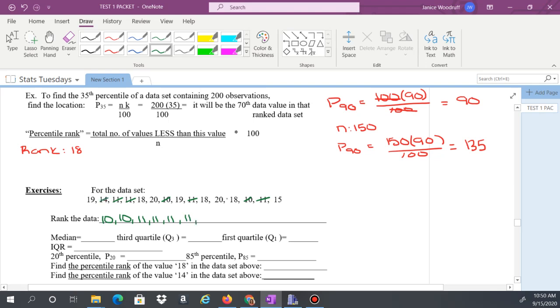Then we have 14, 15. Then 18's next, so you've got 3 18s. You have 2 19s. And then you have 2 20s.